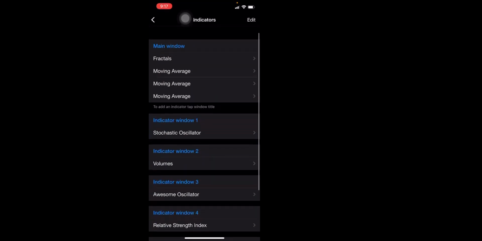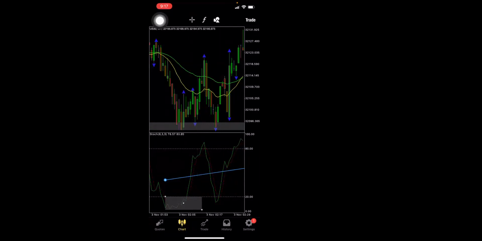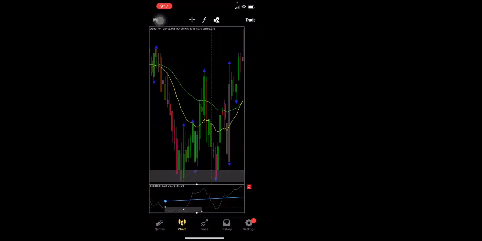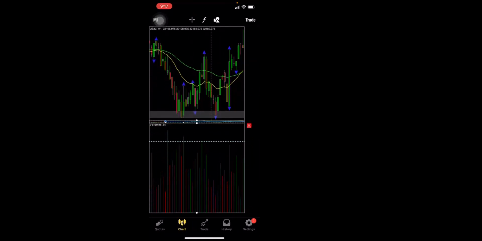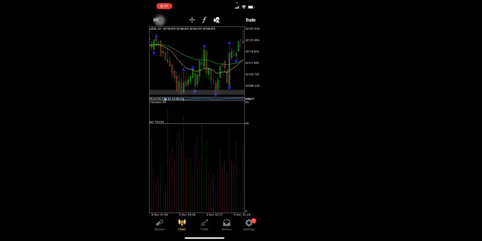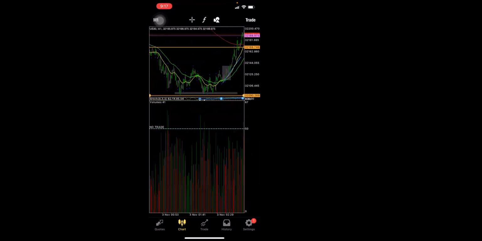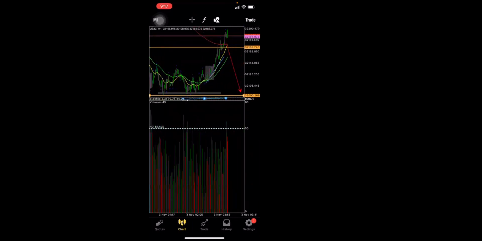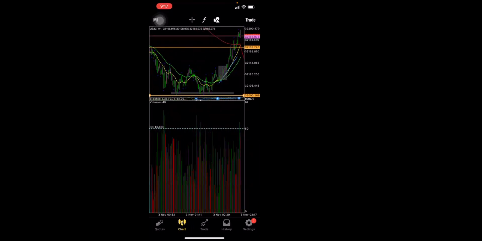The volume indicator, for me, it basically identifies how active the market is. Let me pull it up real quick. If you notice these lines, I like to use 50 as the number to identify whether it's high volume or low volume.